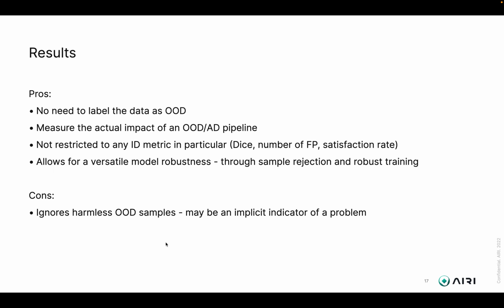This framework allows us to estimate performance drops on given datasets and to highlight the scenarios that may lead to unreliable predictions. Secondly, it measures the actual performance impact of the out-of-distribution or anomaly detection pipeline implementation. As EPD can be measured while applied to any ID metric, it shows the impact in terms of this metric.